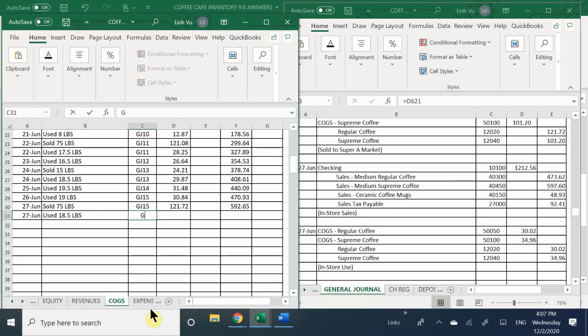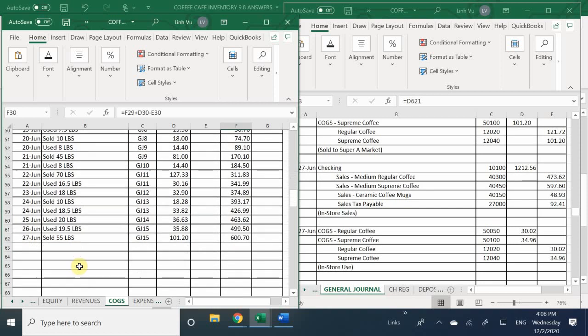General Journal 15. And it was for 30.02. Equals this. Bringing our new total to $622.67. Good.